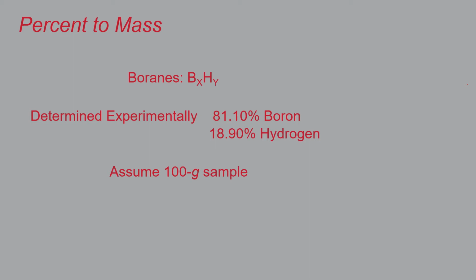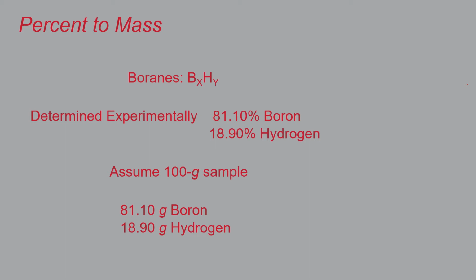What's nice is that the actual sample you used to make this determination is utterly irrelevant. And with 100 grams, it makes the math for at least this step completely mindless. If you had 100 grams at 81.1%, you know that 81.1 grams of it is boron, and that 18.9 grams of it is going to be hydrogen.